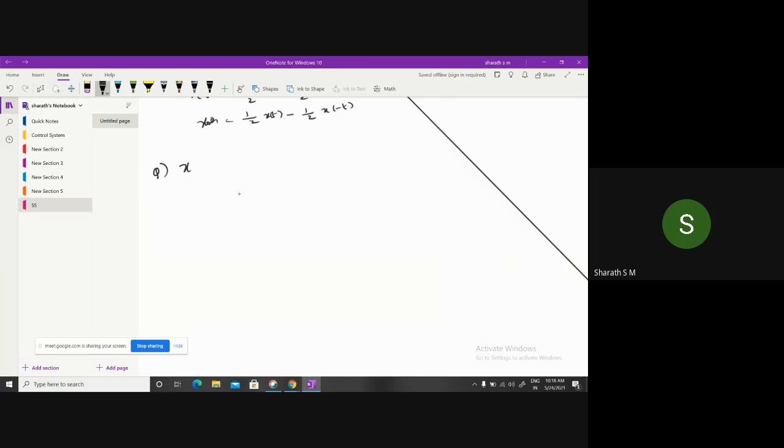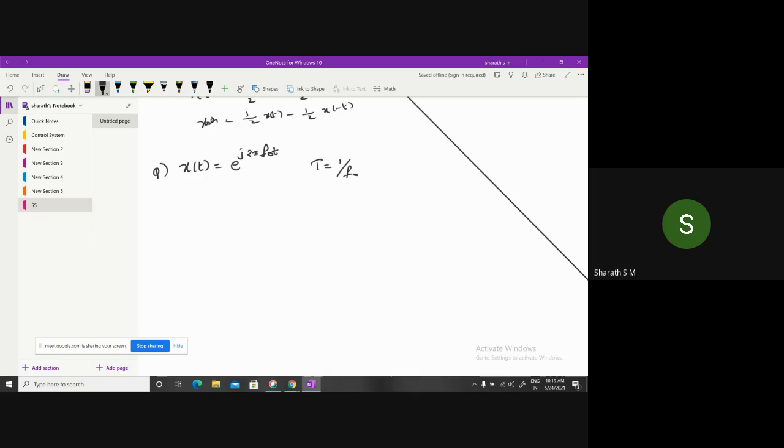If x of t equals e power j 2 pi f naught t, it is periodic with period T is equal to 1 by f naught.